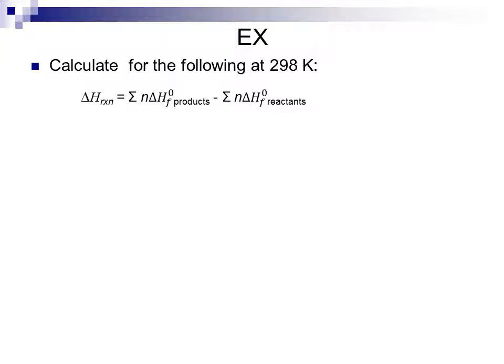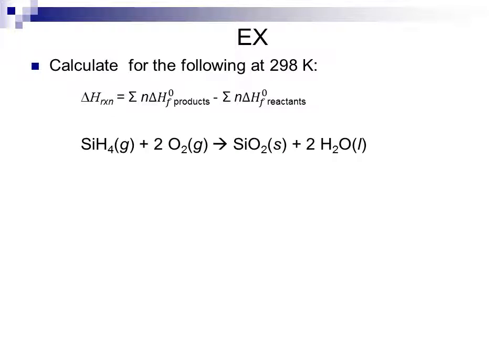Using this equation, once again, if I have silicon tetrahydride plus oxygen, both in gas form, yielding silicon dioxide in solid form, plus 2 water in liquid form.